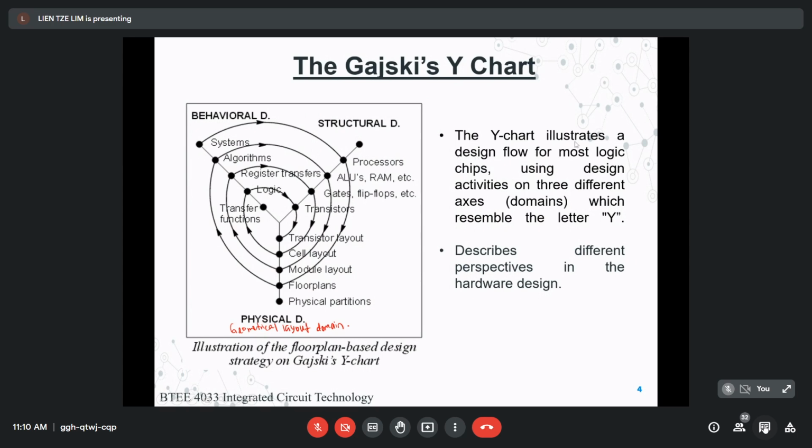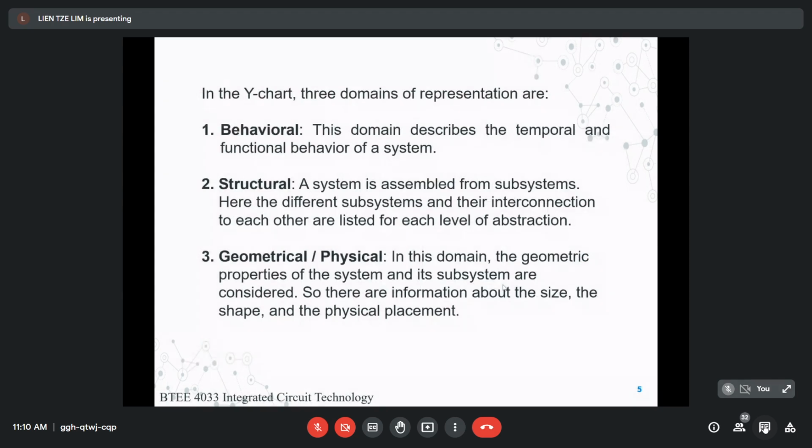The Y chart illustrates a design flow for most logic chips using design activities on three different axes, which resemble the letter Y. It describes different perspectives in the hardware design. So for these three domains, how can we interpret them?